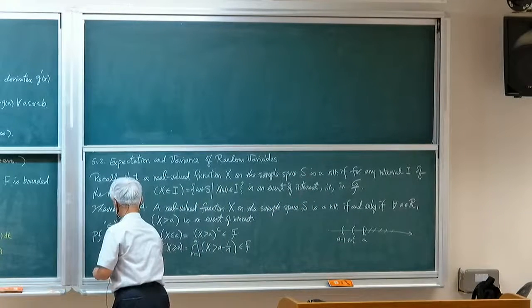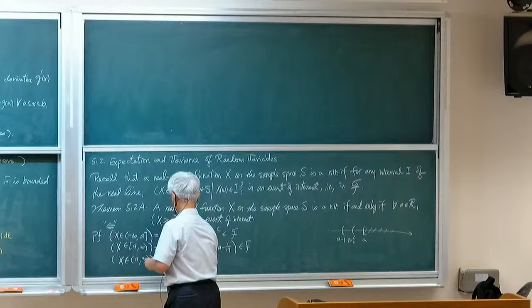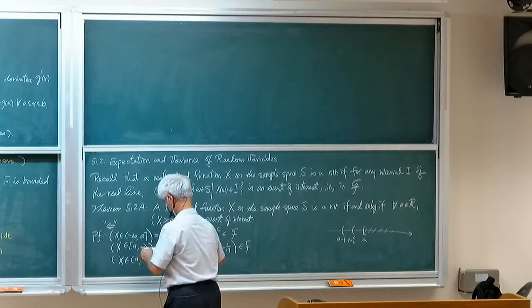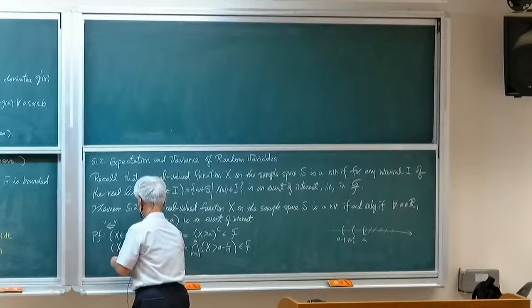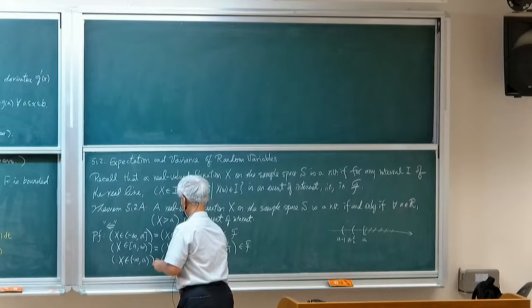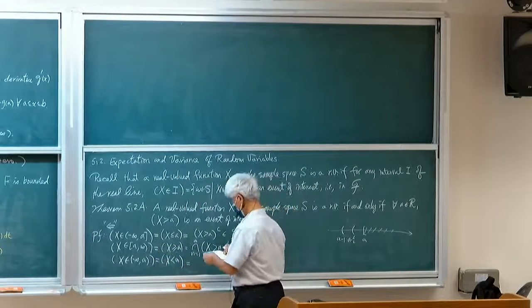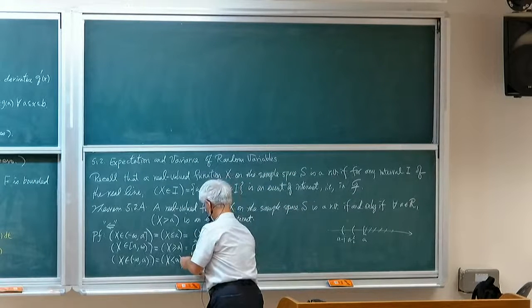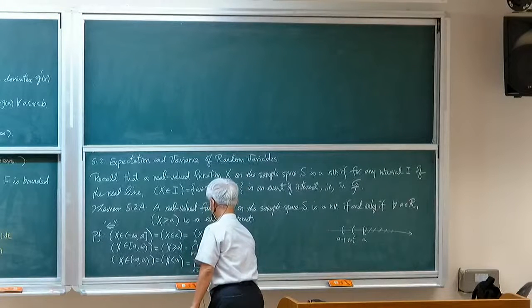Now how about X in (-infinity, a)? This is X less than a. We can take this as the union of X less than or equal to a minus 1 over n, from 1 to infinity.